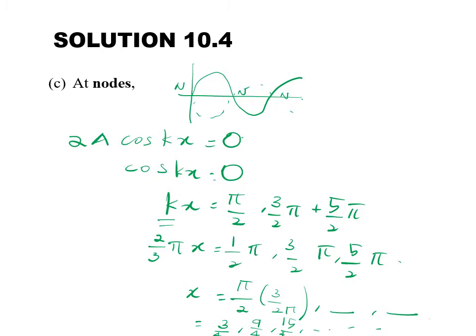So the x values that you will get are 0.75 meters, 2.25 meters, 3.75 meters. Okay, so these are the node values, the positions where the displacement is zero.